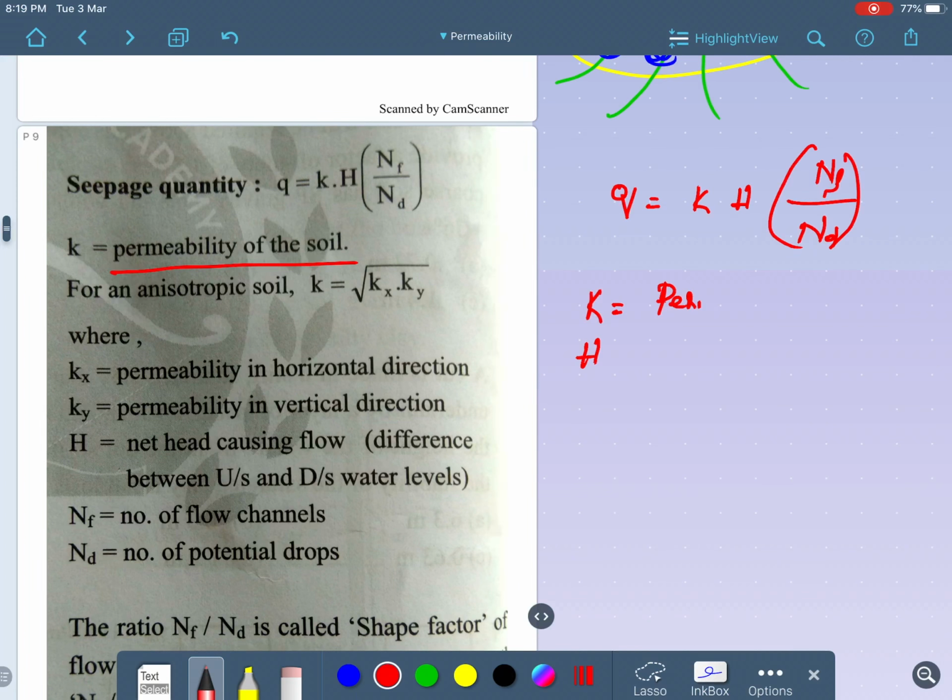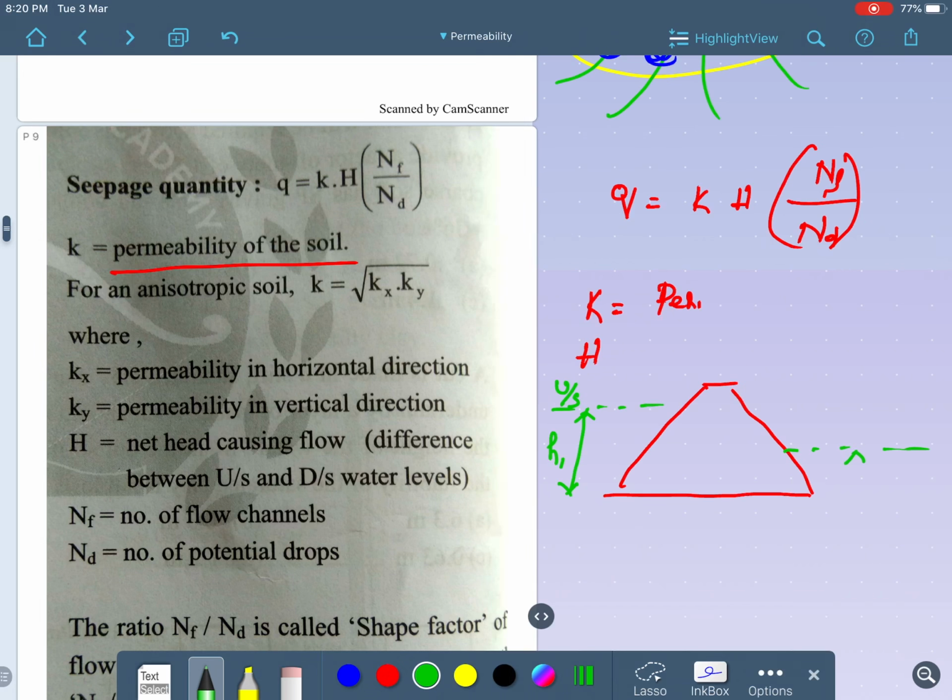How to find the value of H? For that, I'll draw the dam section. I will take this as H1 on the upstream side, and here of course the level of the water will be less on the downstream side. Let me take it as H2, and this height, which we call capital H, is the net head causing flow.